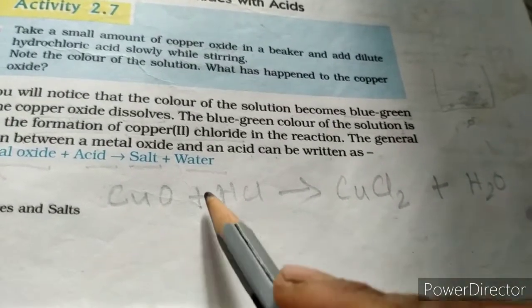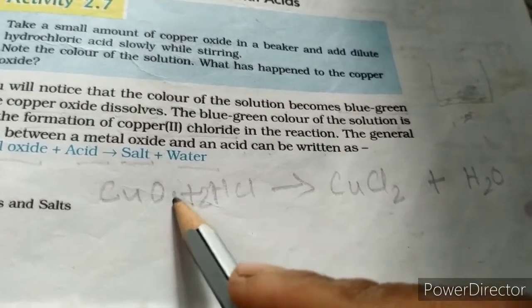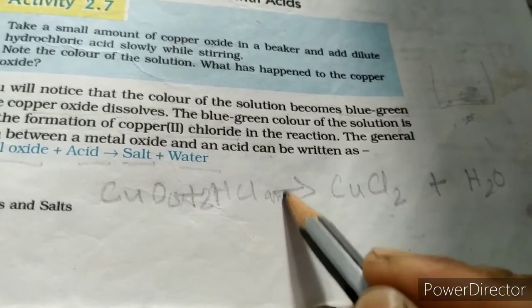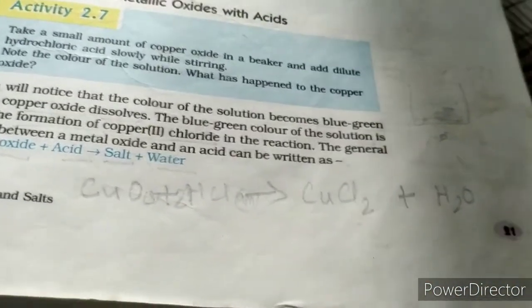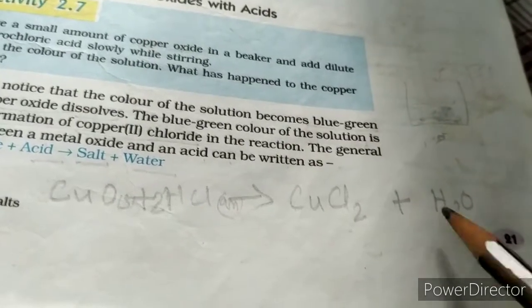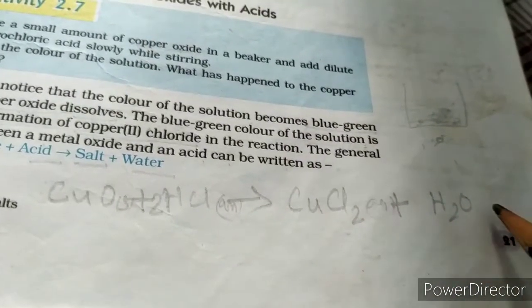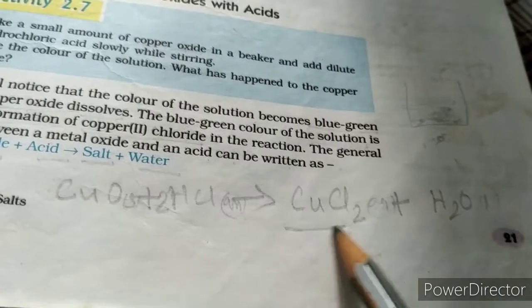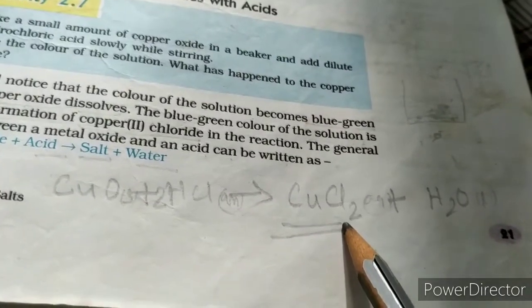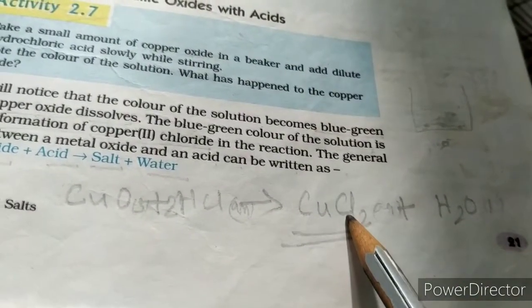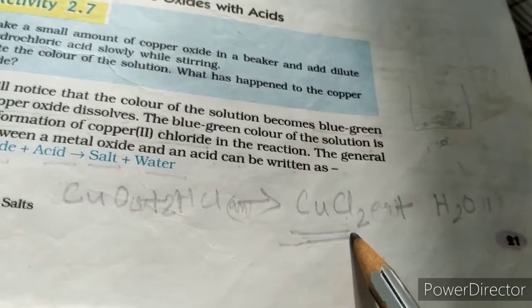When we balance, there will be a 2 in front of the HCl. The copper oxide is solid, the copper chloride is aqueous, and the water is liquid. So they form copper chloride, which is blue green in color.